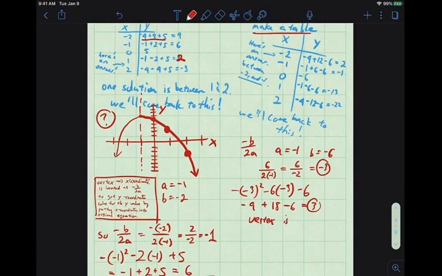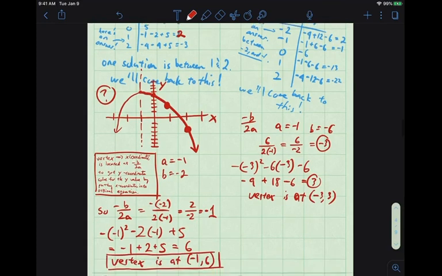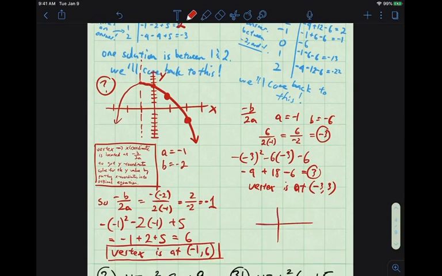Vertex is at -3, +3. That makes sense. It matches up with what we have this time on our table. So this one opens downwards, 1, 2, 3, like this.